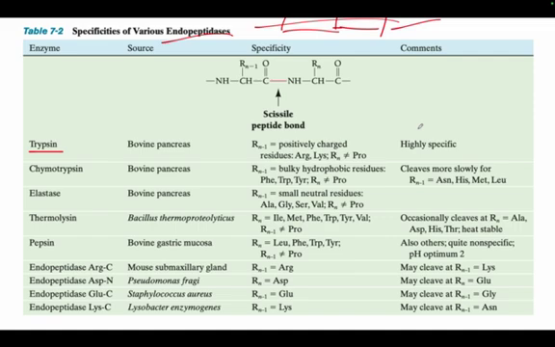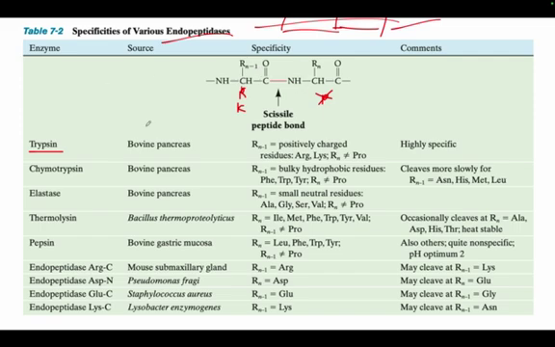So if we have an arginine or a lysine, trypsin will cleave the polypeptide bond following these, as long as the residue after it in the sequence is not a proline. So if this can be arginine or lysine, this cannot be proline. Then this bond will be cleaved by trypsin.